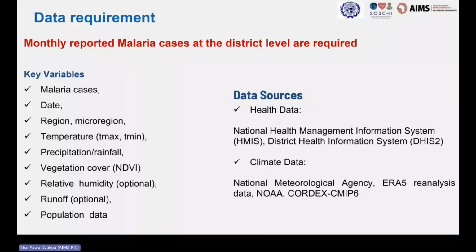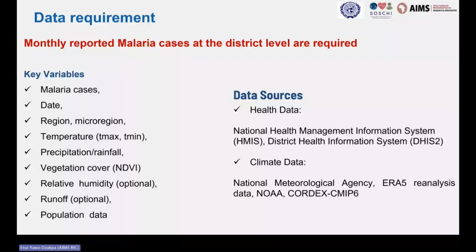If you do have that data set for a minimum period of 3 to 5 years, the model can work correctly. And then we need key variables like malaria cases, the region, the dates of reports. We also need temperature data, precipitation data, vegetation cover, relative humidity, runoff data, and population data.